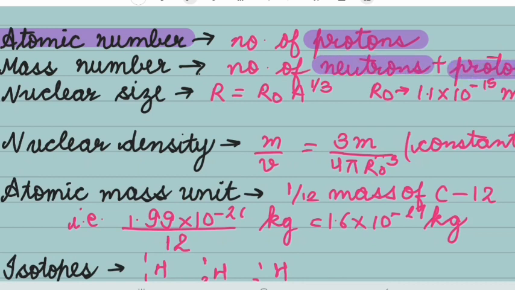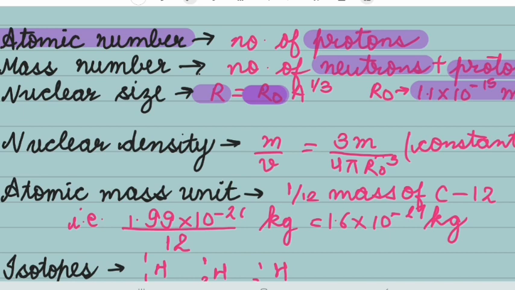The nuclear size is denoted by R, which is the radius. It is directly proportional to A to the power 1 by 3. But when we remove the proportionality sign, we get this R0. This R0 has a constant value, that is 1.1 multiplied by 10 to the power minus 15 meter.